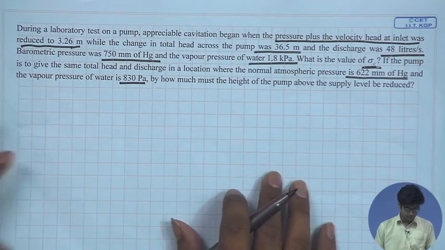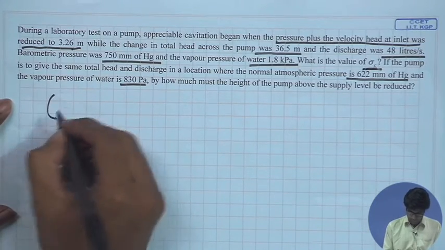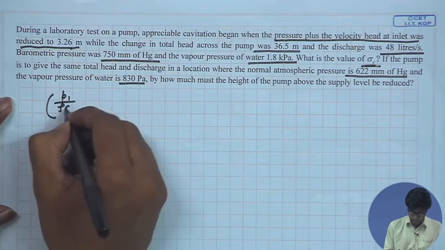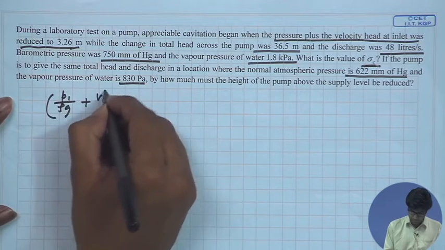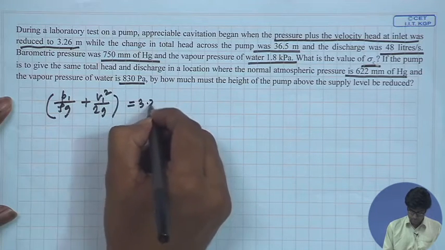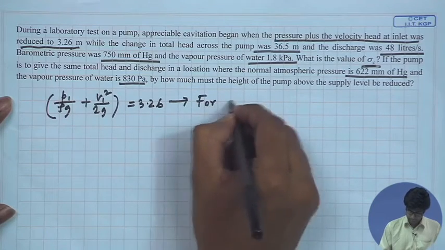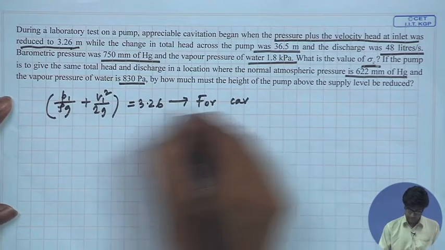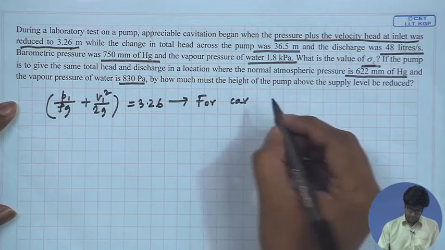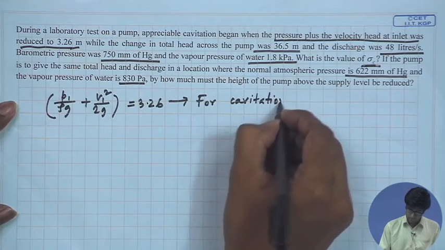So, let us write down the parameters that are given. First, we are given that the pressure head plus the velocity head at the impeller inlet, the sum of those two, is equal to 3.26 meters for cavitation to begin. So, for cavitation to take place, this should be the sum of the pressure head and the velocity head at the impeller inlet.